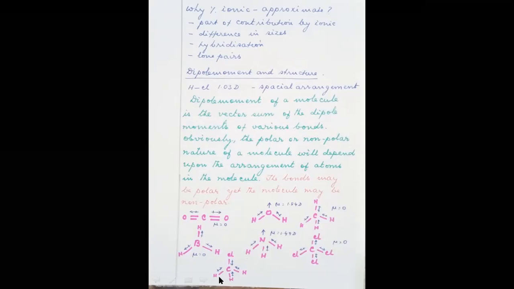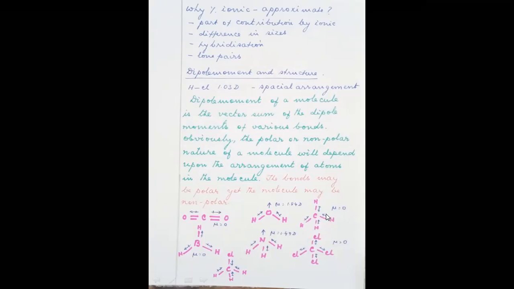But if you take methyl chloride, see, one vector is downwards, the three vectors are upwards, and these vectors are different in their magnitudes. So methyl chloride has a net dipole moment, whereas carbon tetrachloride or methane do not have a net dipole moment. It's all because of the spatial arrangement.